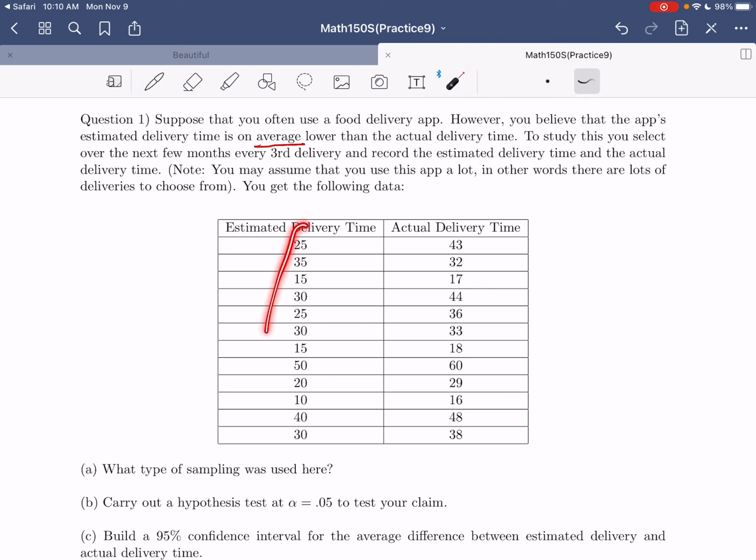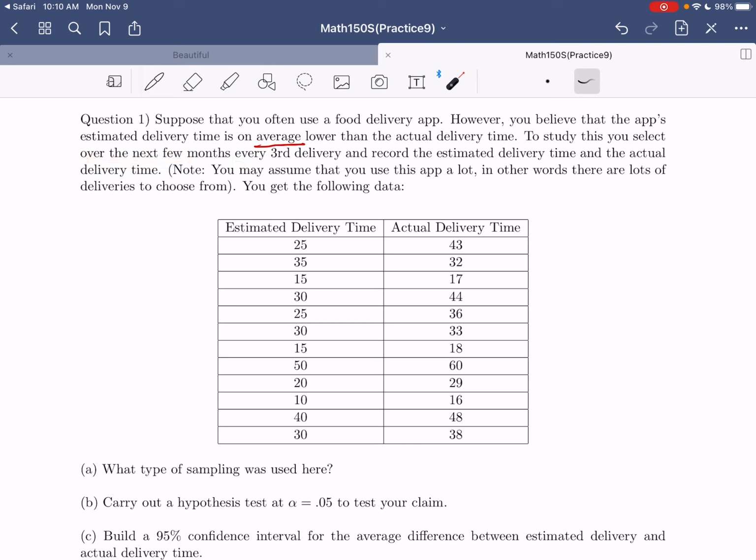That should be no surprise, considering we see all quantitative pieces of information down here. But it also tells us that it is indeed going to be one of these mean procedures. Is it a one sample mean? Is it a two sample mean? Is it matched pairs? We don't know yet, but the use of that word average in there tells us it is a mean-based procedure.